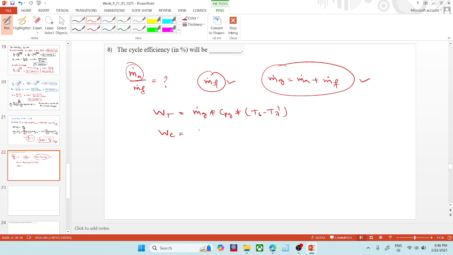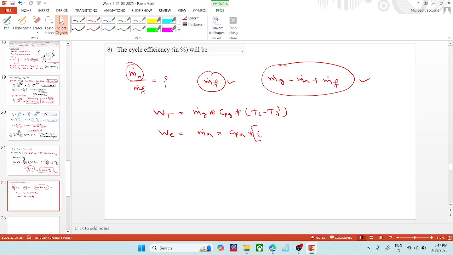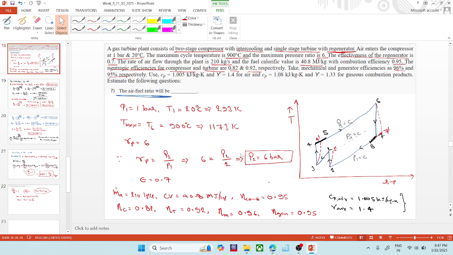Wc would be, here the fluid would be the air, m dot a into Cp air into, here it is intercooling, so T2 dash minus T1 plus T4 dash minus T3.